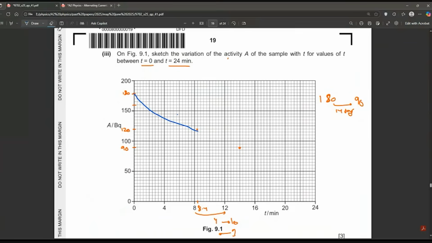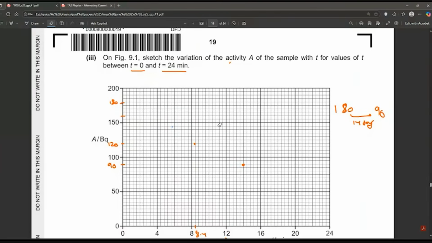A curve basically. You can draw a curve like this. But you have to make sure that it curves as well. Like, probably like this.